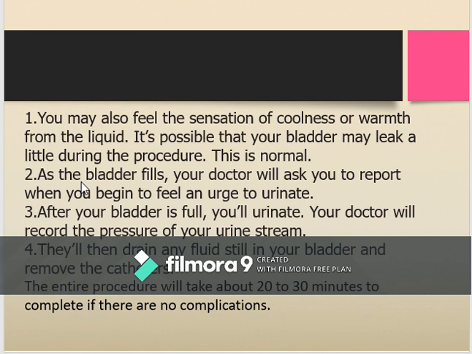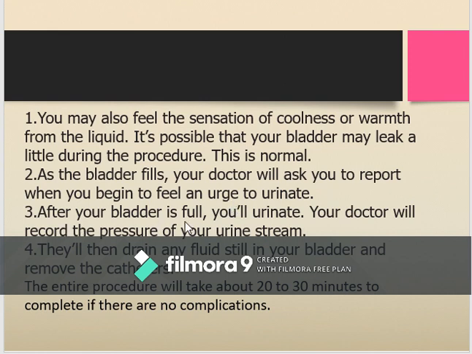Even when a single drop of urine reaches our bladder, there is a certain limit capacity of the bladder. When that is overrun, then we feel we have to excrete the urine, otherwise my bladder is going to rupture. So the doctor will keep asking you to report when you feel the urge to urinate.